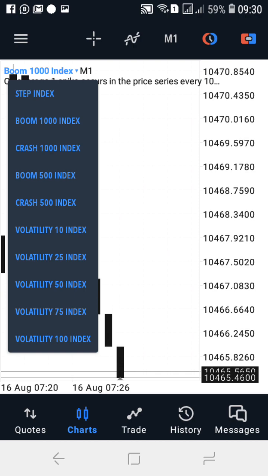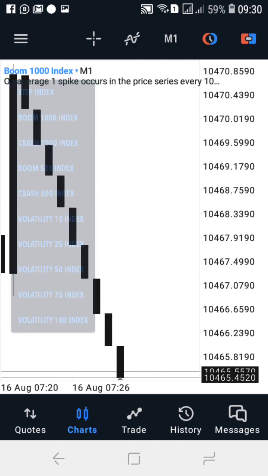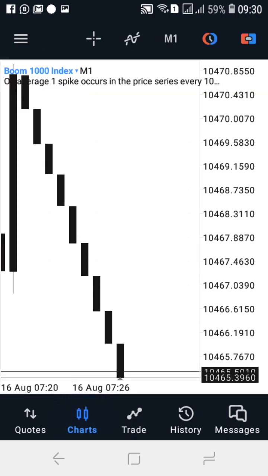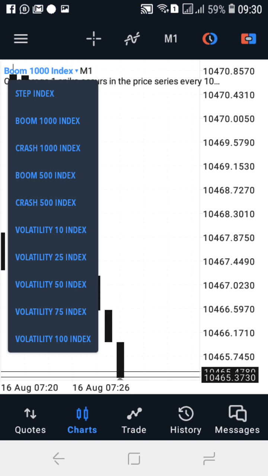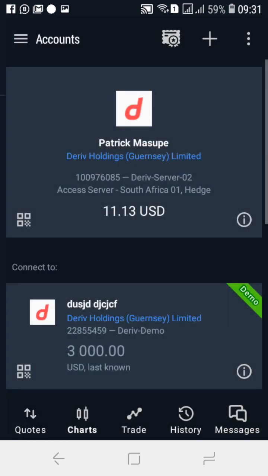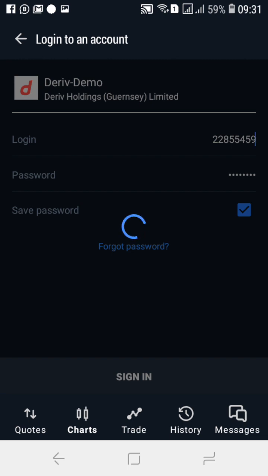So now the main thing we need to look at, as a trader, is that they don't give you Boom 300 and Crash 300. Okay, let's go back to our demo account.